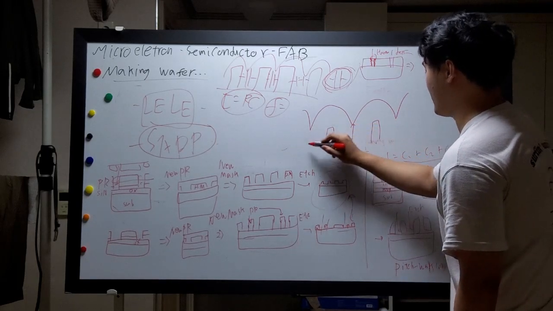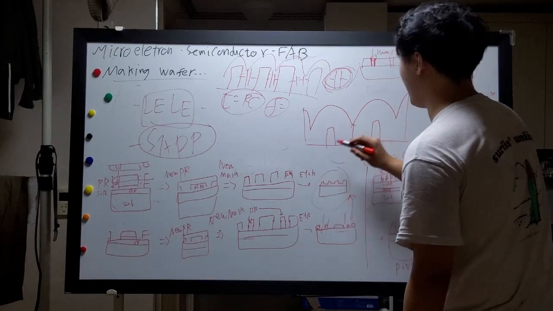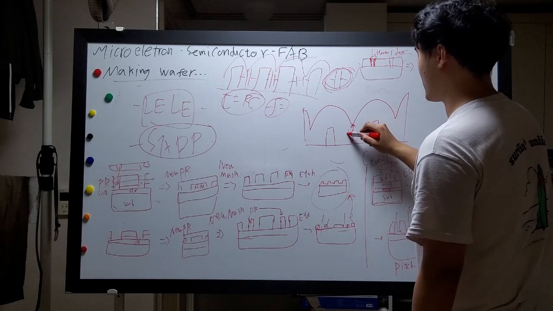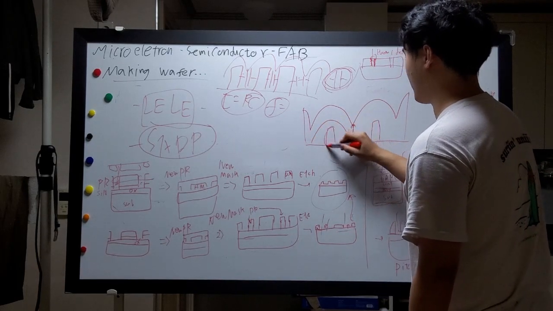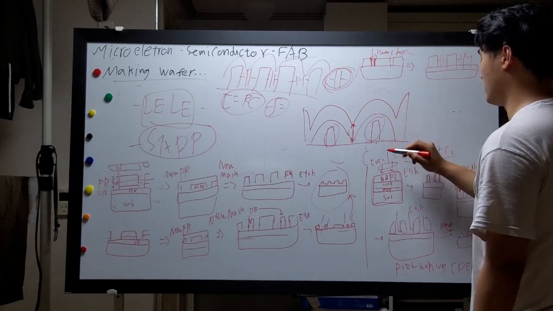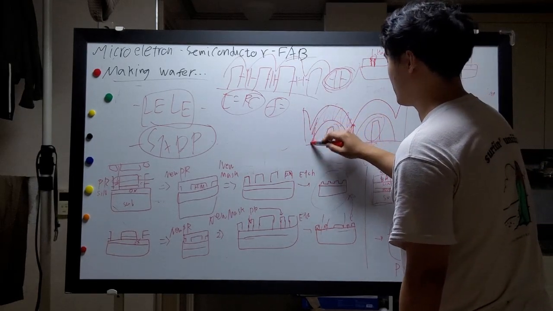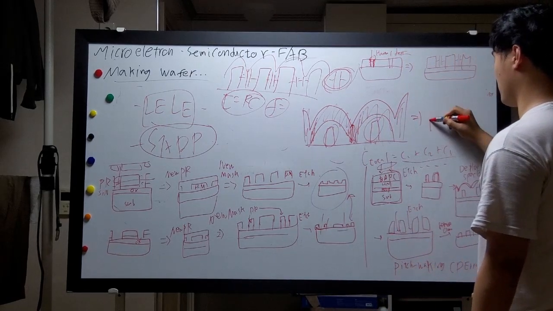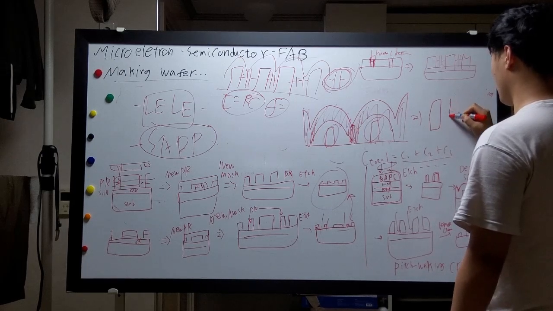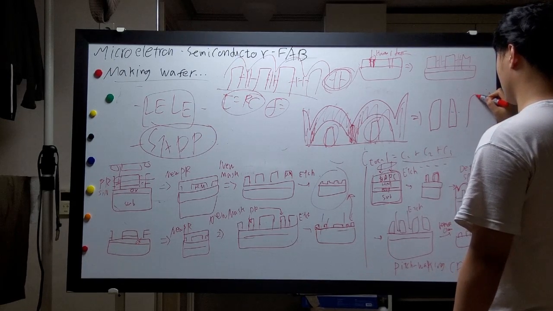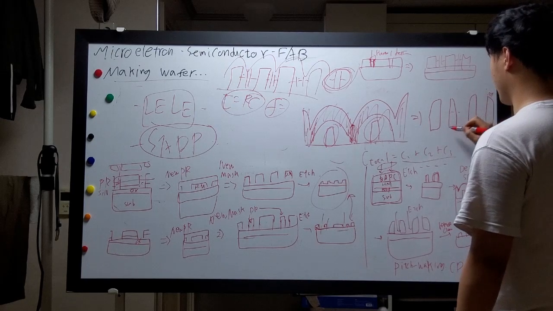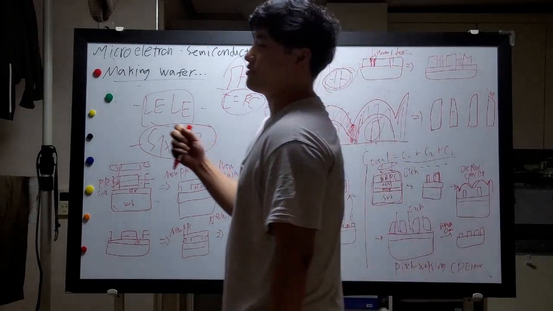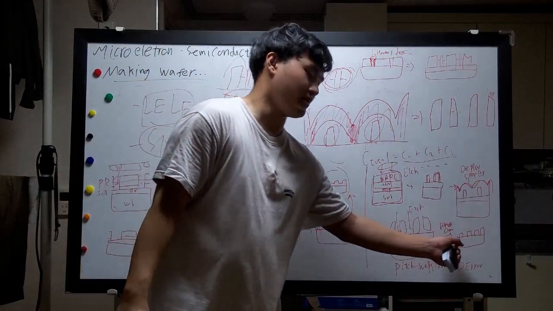Maybe the edge and the shortest length or height will be here. Within that length, we curve around the fins or pattern we just made, so that this part will be removed, and maybe it will be like this, with somewhat rounded edges. Then we remove the mask and some residues and clean up, and it will be like this pattern.